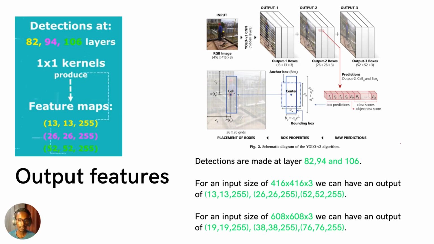Then we have 26 by 26 by 255, which is the prediction from the second layer, and 52 by 52 by 255, which is the prediction for the final output. The 255 is the value we computed on the previous slide, which gives the predictions for the 3 bounding boxes. For an input size of 608, we have an output of 19, 38, and 76.